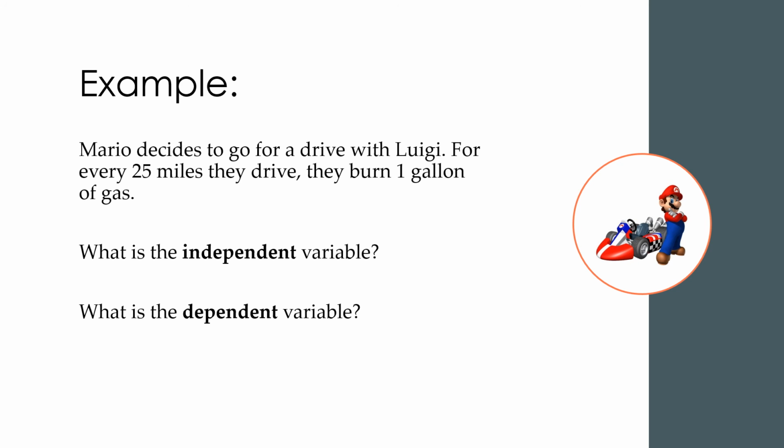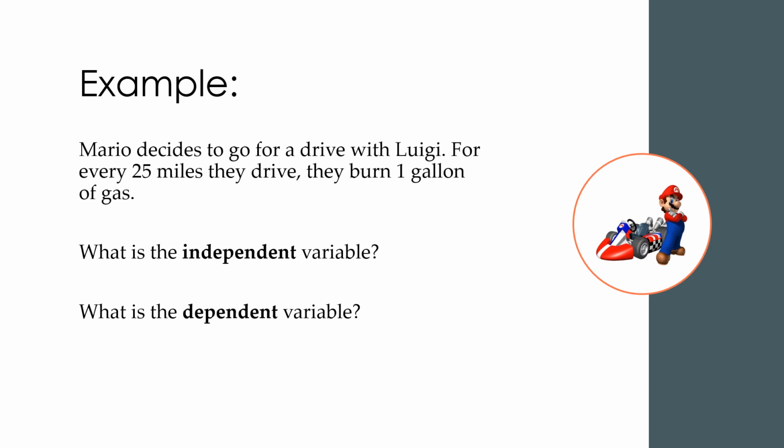Finally, Mario decides to go for a drive with Luigi, and for every 25 miles they drive, they burn 1 gallon of gas. What's the independent and what's the dependent variable? Let's phrase this as an if-then statement. If they drive for a really long time, then they're going to burn a lot of gas.